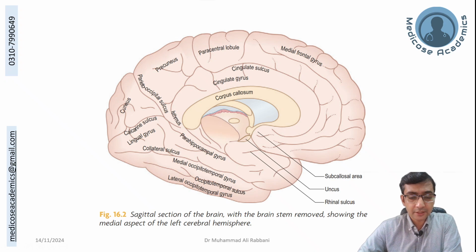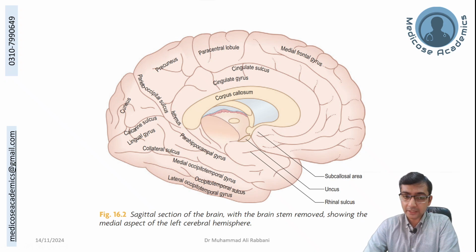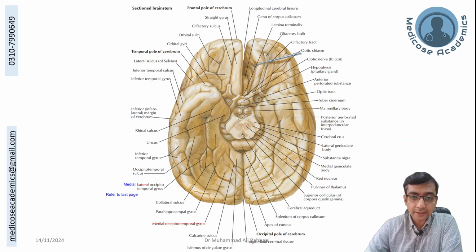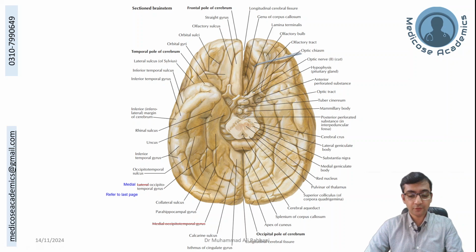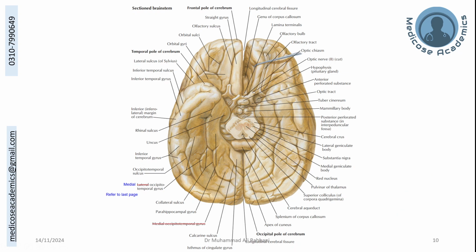So these are shown in the picture, and here is the picture of the inferior aspect of the brain by Netter's atlas. And here you can see all those structures again.